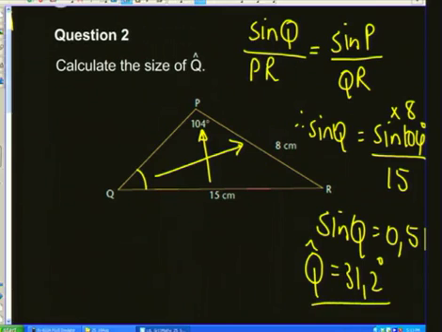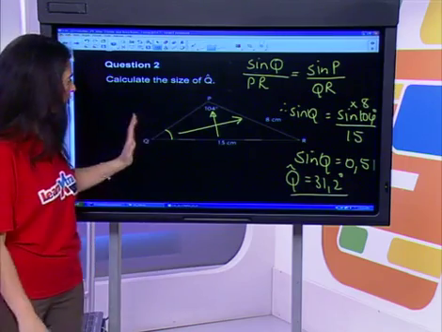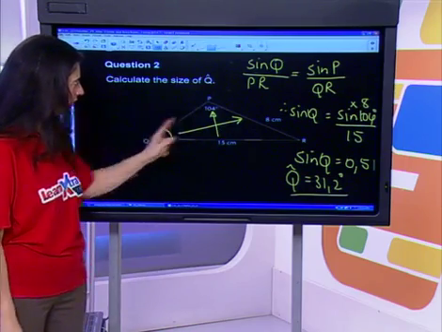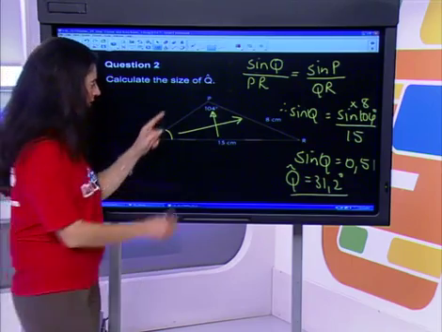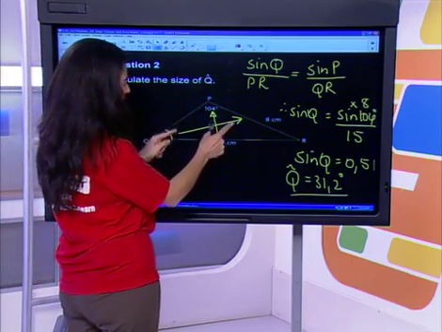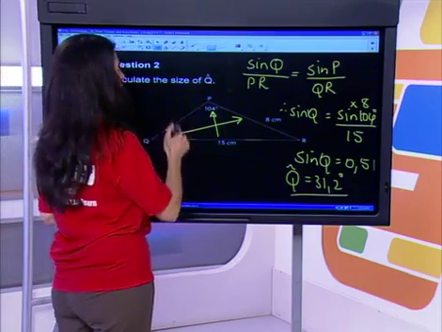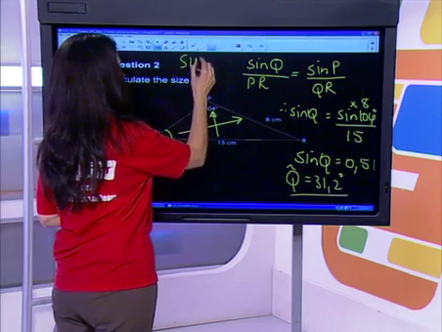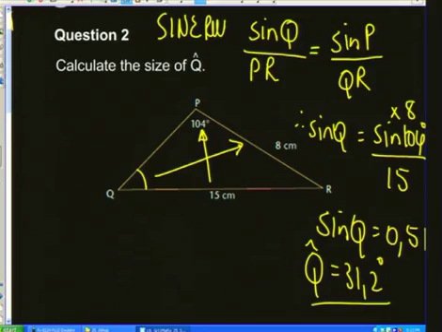Okay, grade 11s, very powerful tools for calculating the size of angles. Notice it's a non-right angle triangle, an obtuse angle triangle, and the information is facing each other, so we can use the sine rule. The sine rule is useful when the information is directly opposite each other in that diagram.